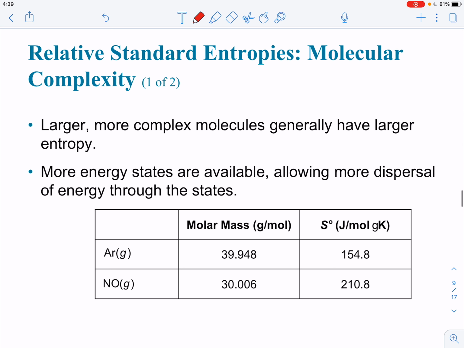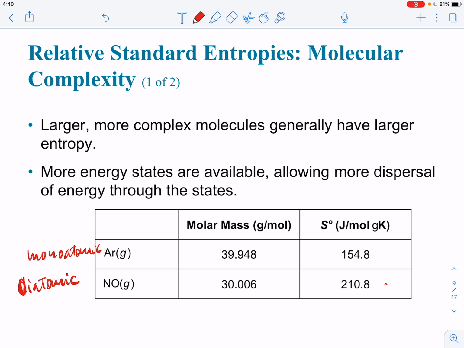Molecular complexity, that's another factor that you can take into account for increasing the entropy. Okay, one of the things that we said at the beginning was that a larger molar mass will increase the entropy. And here we are comparing argon, which is monatomic, with nitrogen monoxide, which is diatomic. So we are adding 2 atoms to that structure, right? So instead of having only one, we have 2 atoms. However, the molar mass for argon is larger than for nitrogen monoxide.